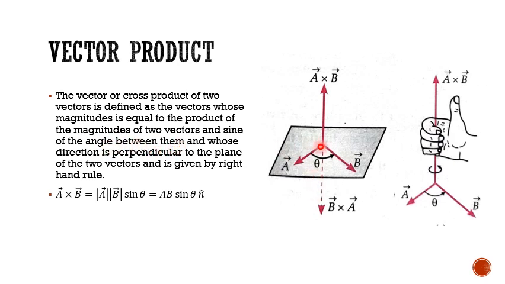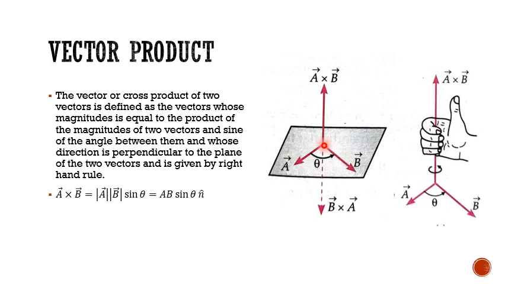So if you have two vectors, vector A and vector B, the vector product of these two vectors will be this third vector A cross B. And how will we write A cross B? We will write A cross B as magnitude of A, magnitude of B times the sine of the angle between them, and the angle between them is theta. So I'll write AB sine theta, which I can also write as AB sine theta n cap.